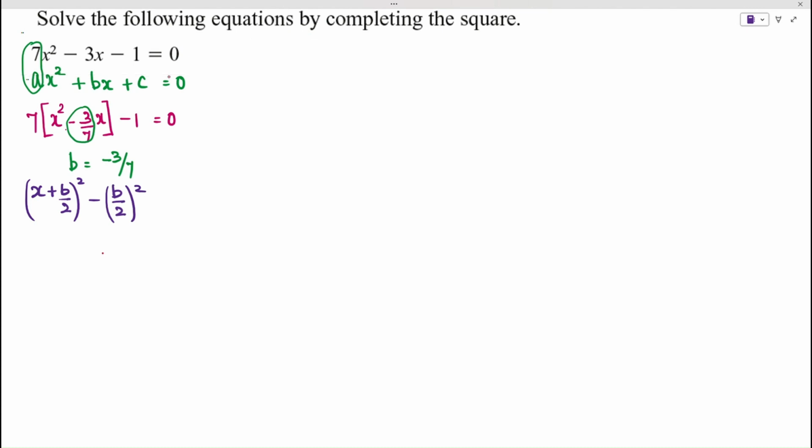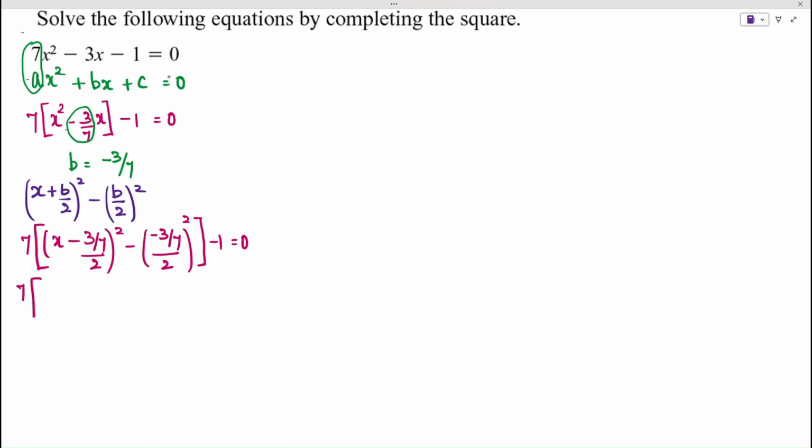And so we get 7 times, (x minus 3 over 7 over 2) the whole squared, minus (3 over 7 over 2) the whole squared. Close our square brackets. Minus 1 is equal to 0.